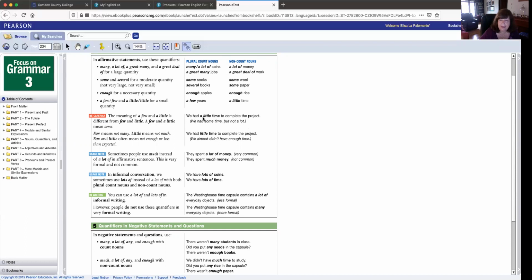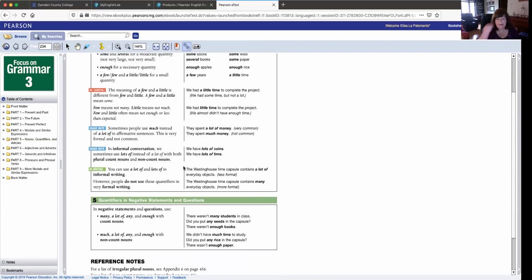With the a, we had some time, but not a lot. Without the a, we had little time. We almost didn't have enough time. So little time is less time than a little time. Okay. I don't see them using that with few, but it would be the same thing. And again, nothing to worry about there.